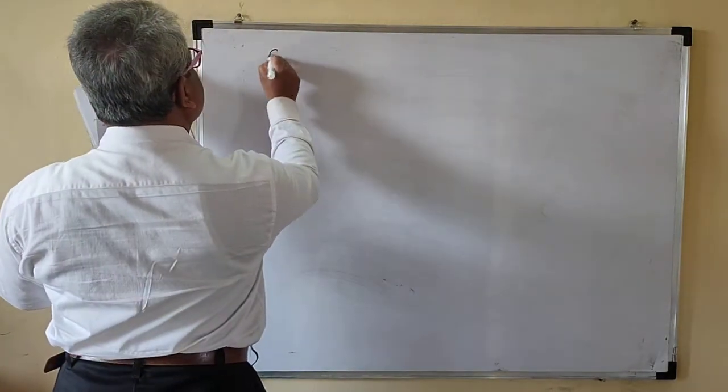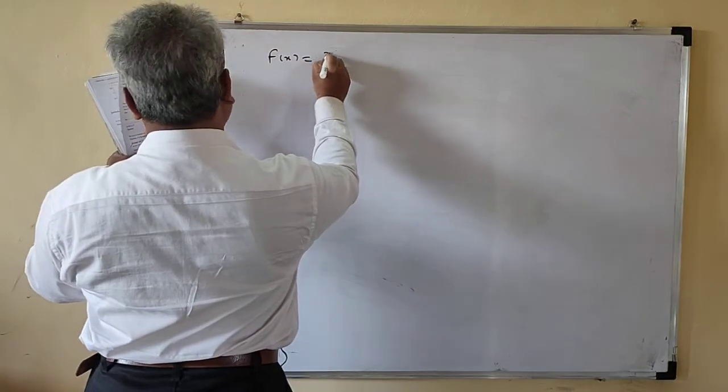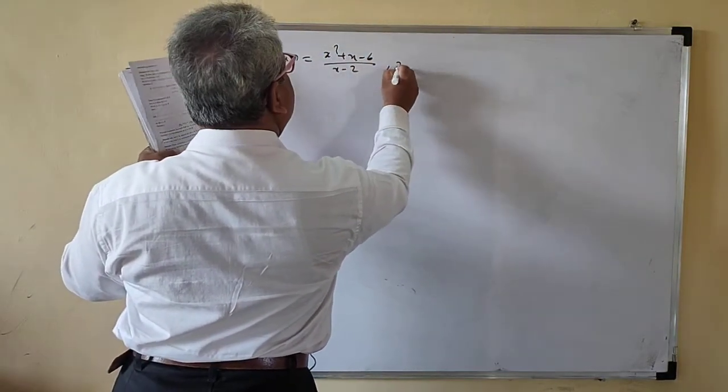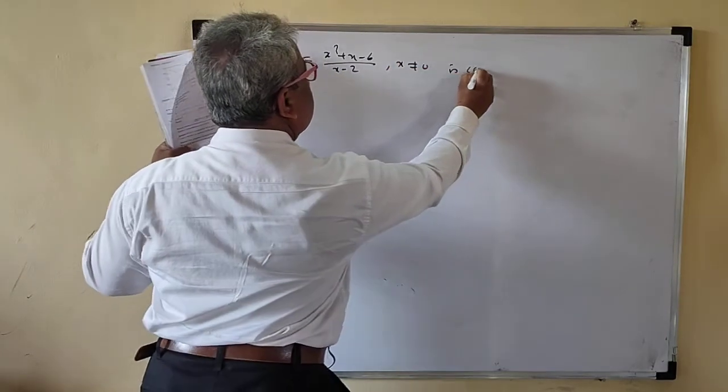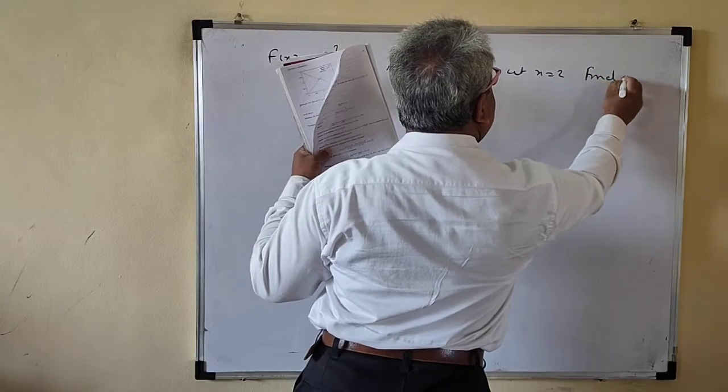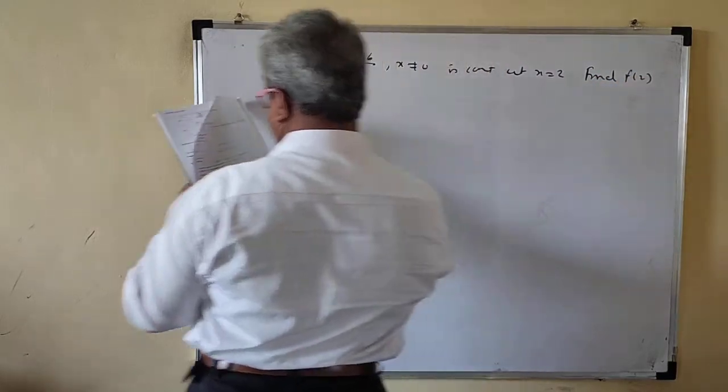Now suppose the function is defined like this. f of x is equal to x square plus x minus 6 upon x minus 2, for x not equal to 2, and it is continuous at x equal to 2.